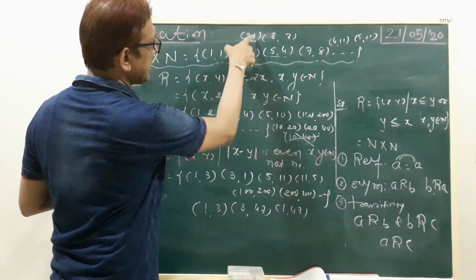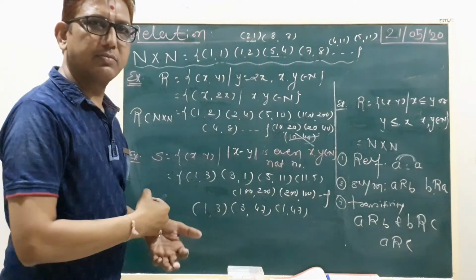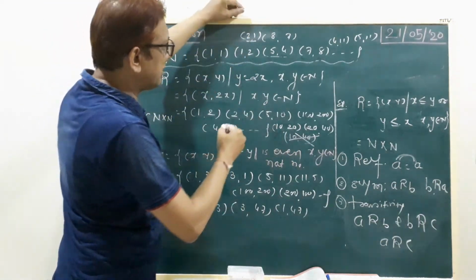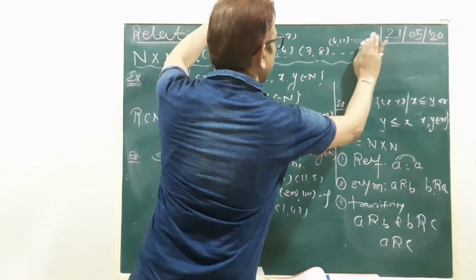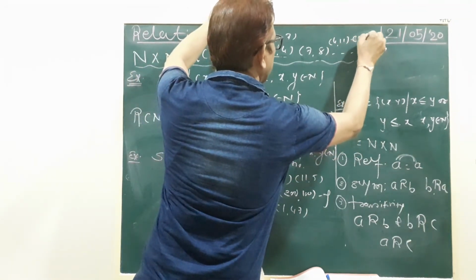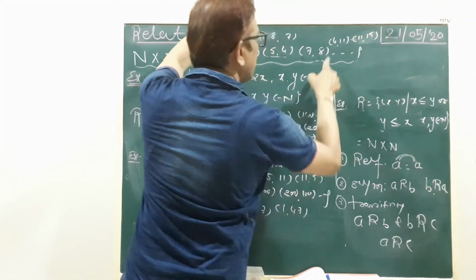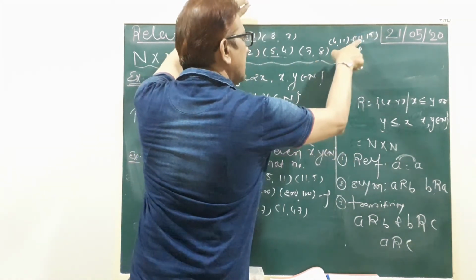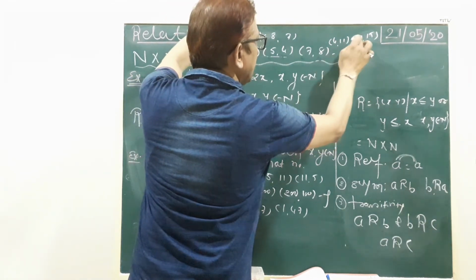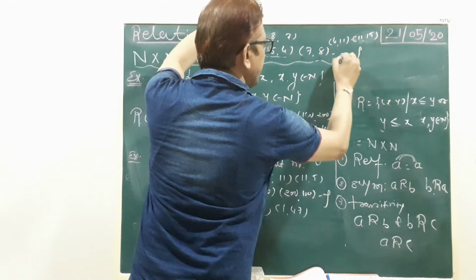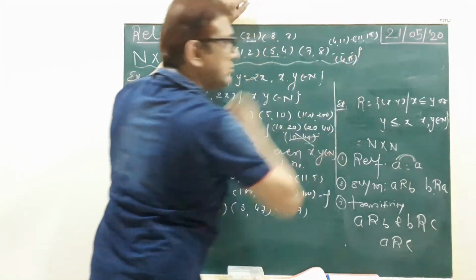So common element cancel, 1 1 is also possible. Another one, suppose 4 11 is possible, and 11 15 is possible, because all are natural numbers. So 4 15 is also possible here, right?